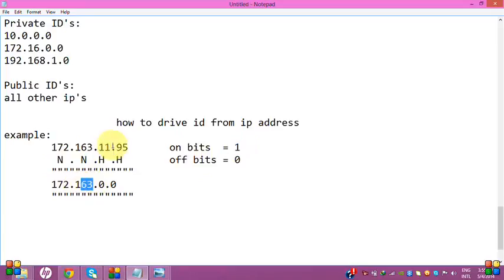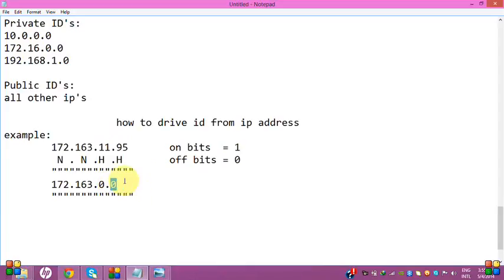When we multiply 11 by 0 for the host, it's 0. Similarly 95 multiplied by 0 is 0.